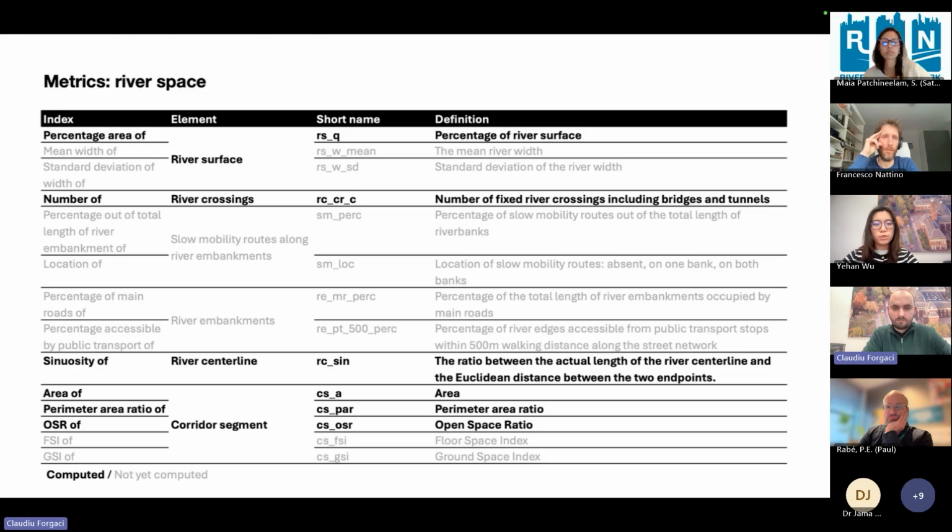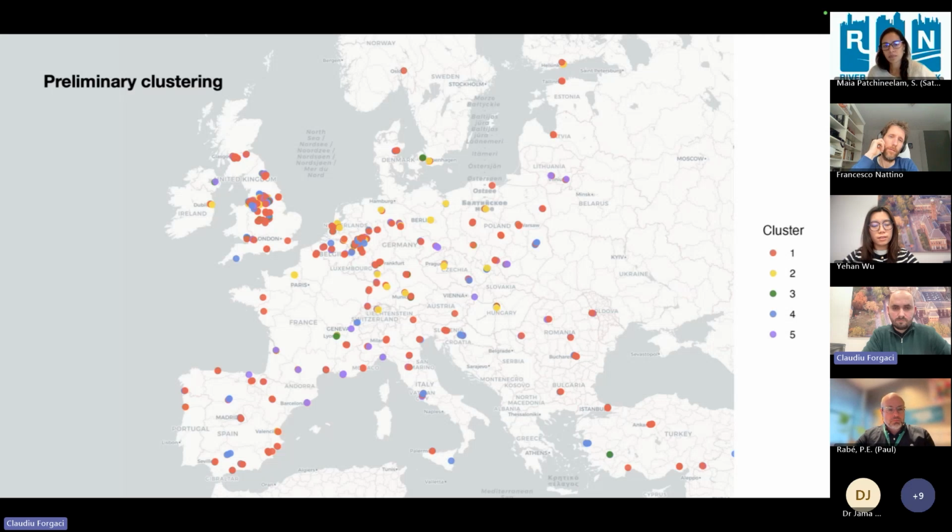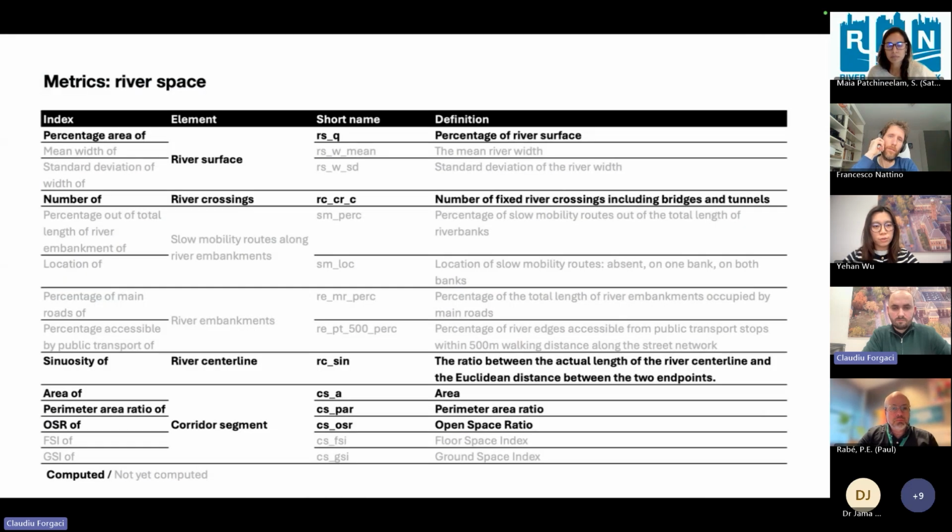So these are all the morphologies that is surrounding and including inside the river.